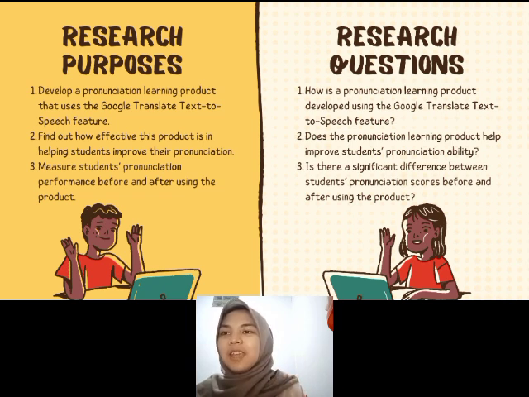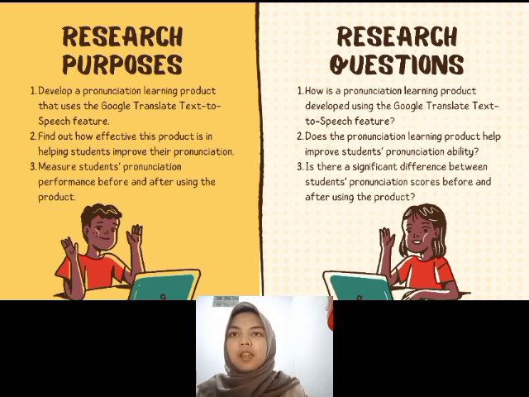This research has three purposes. First, develop a pronunciation learning product that uses the Google Translate TTS feature. Second, find out how effective this product is in helping students improve their pronunciation. Third, measure students' pronunciation performance before and after using the product.